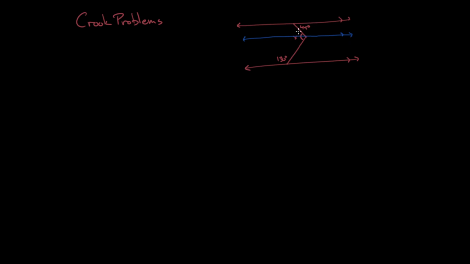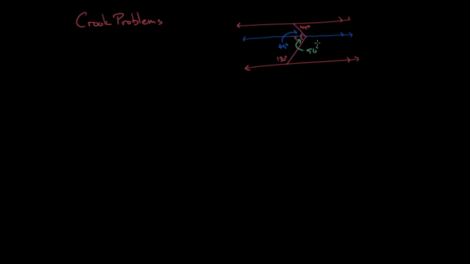So for example, this angle right in here is an alternate interior angle with this other one up here, this 45-degree angle. So that means inside here, this also has to be 45 degrees. And then what do I know about this angle right in here? It is a consecutive interior angle with this 130-degree angle down below, so it has to be 50 degrees since these lines are parallel.